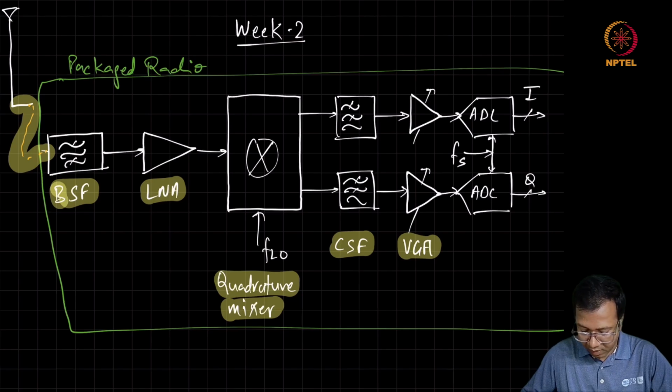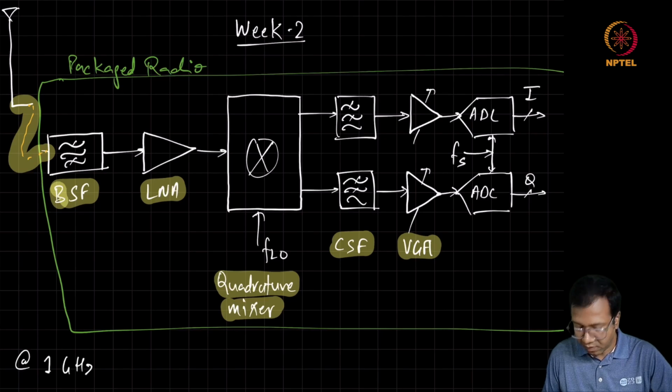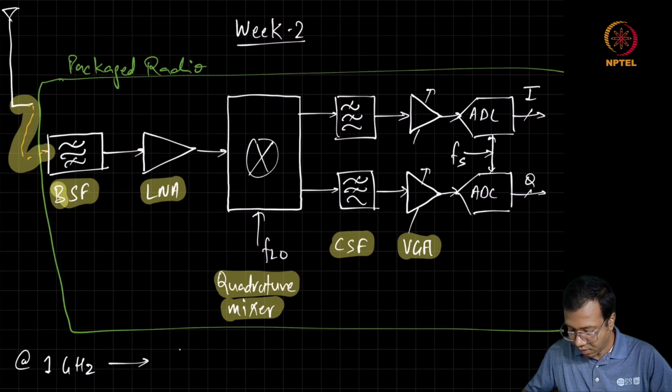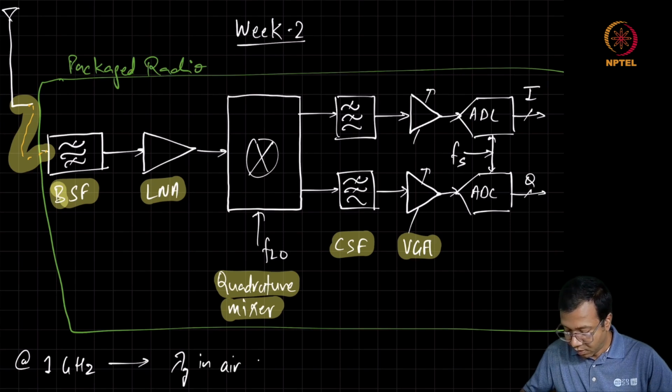Just to give you an idea about the dimensions, for example, let's say we are talking about radios which are operating at around 1 gigahertz. Here, the guided wavelength in air is 30 centimeter.